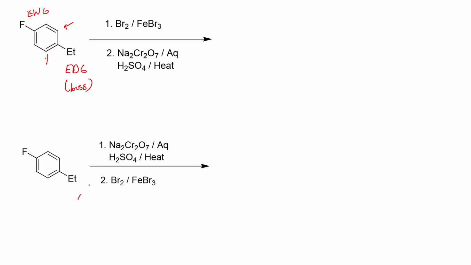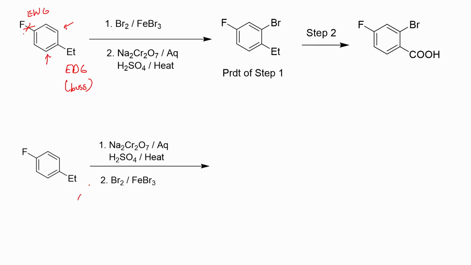And ortho is the only place. Para, we can't put anything there because the fluorine's already there. So in step one, we're going to make this compound. Okay? All right. In step two, we're going to oxidize the ethyl group to a benzoic acid derivative. And our final product has bromine ortho to the carboxylic acid.